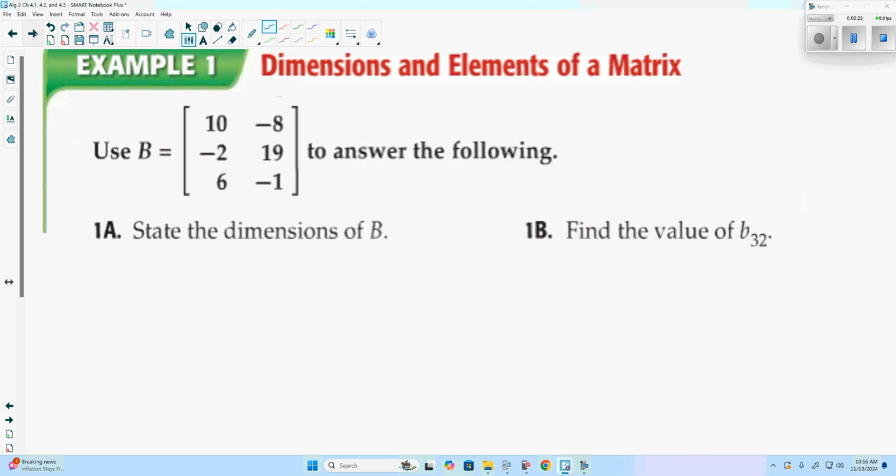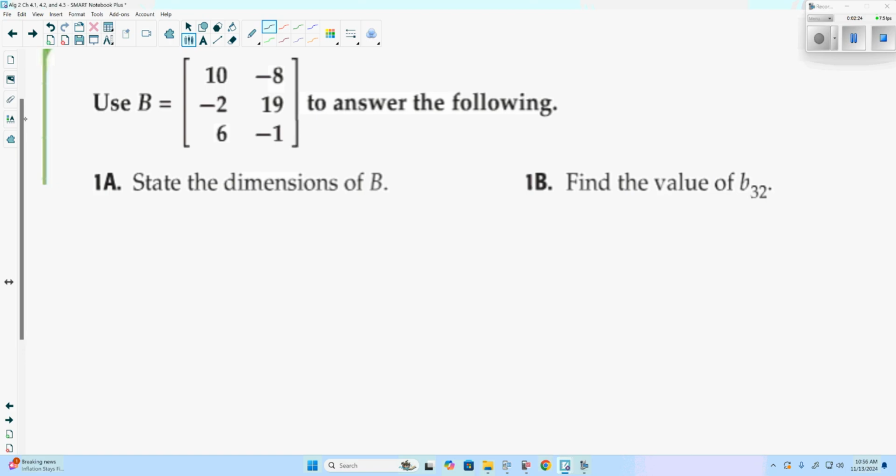All right, let's look at another example of this here. So we have matrix B. All right, guys. So we want to state the dimensions of matrix B. It is a 3 by 2. Up here, we have 3 rows.